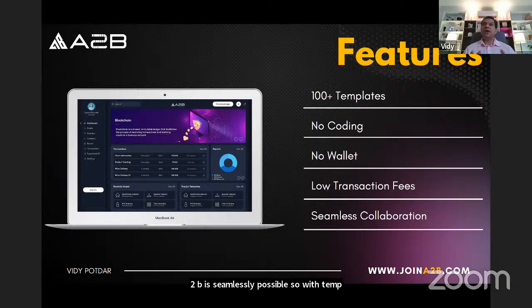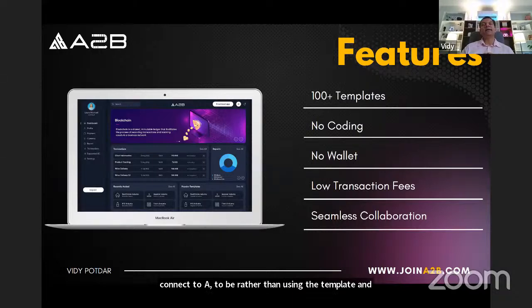So templates are one way to do it. But as we started to work with different companies, one thing that we realized, and this is very important feedback for us, was that they would want the software they're currently using to be able to connect to A2B, rather than using the template and refilling the same information.